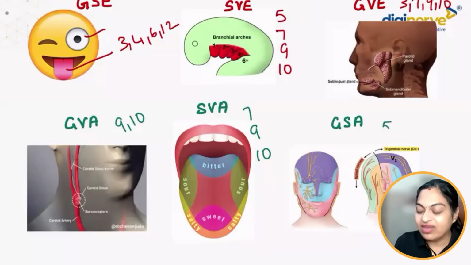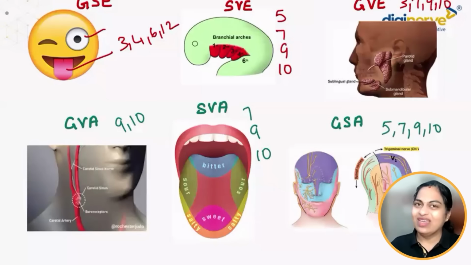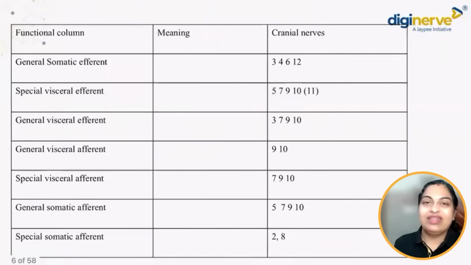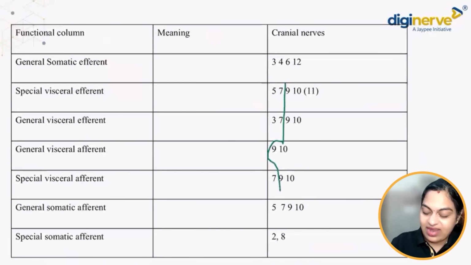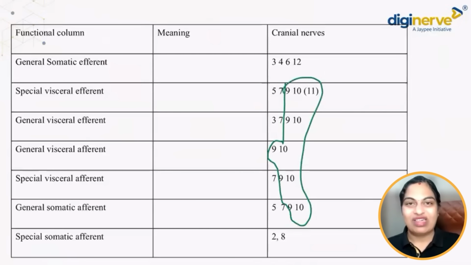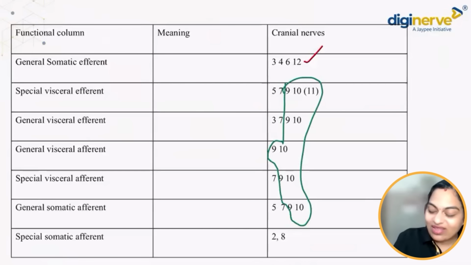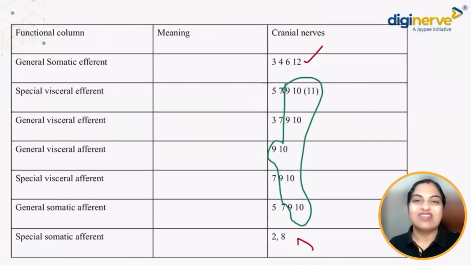General somatic afferent carries the sensation from the body wall. Do you remember we made a table? That made things more simplified. So you can see that cranial nerves 9 and 10 occupy most of the functional columns, excluding the first and the last.